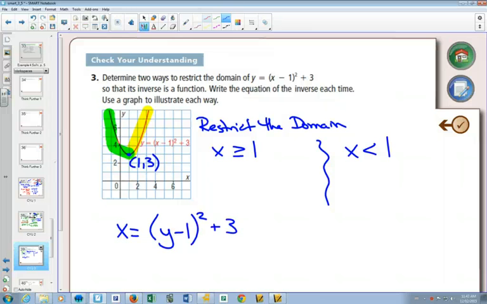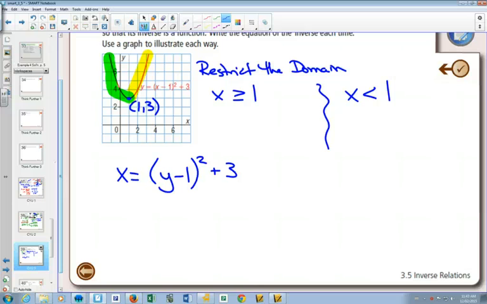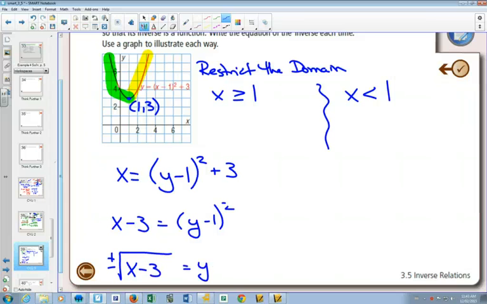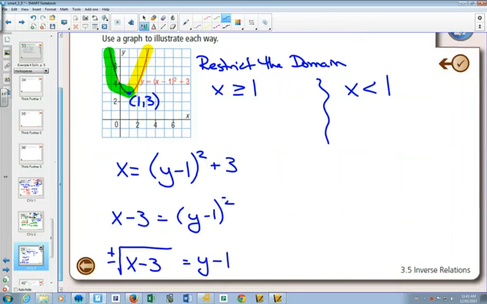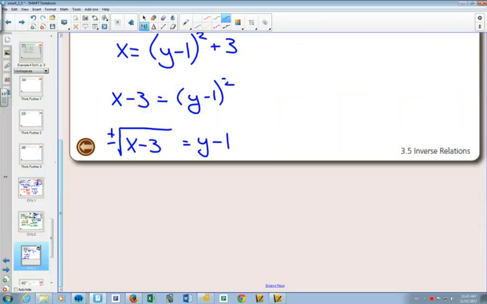Use my skills to solve for y, so I'm going to subtract 3 on both sides. Square root both sides. Remember the plus or minus. And then finally, add 1, so I get y by itself.